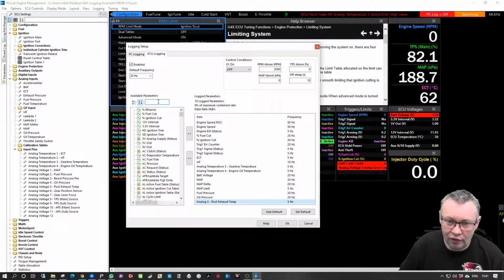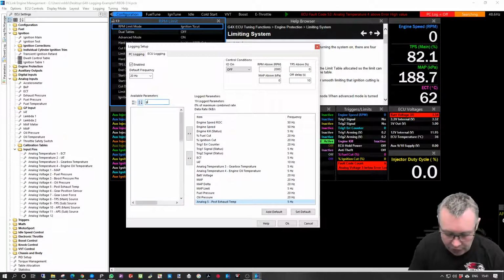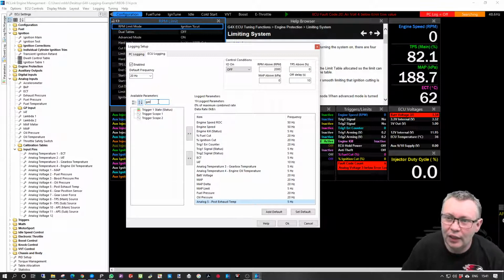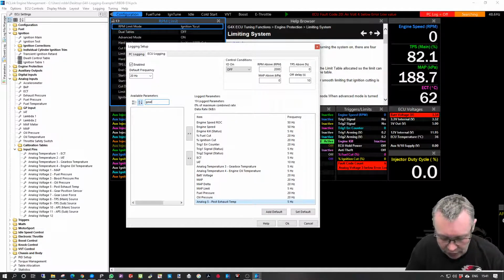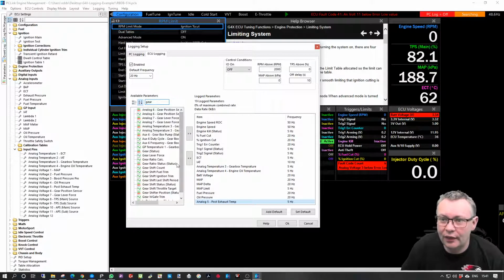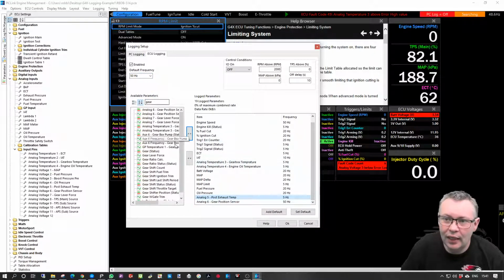So this car's got flat shift, so you've got gear position. This is a very important one if you don't want to damage the gearbox, so you need to get a high speed gear position sensor, and you want to be logging that between 50 and 100 Hertz. 50 Hertz is probably okay. And while we're here, we'll pick up the gear lever force channel, and we'll do that at 50 Hertz as well.